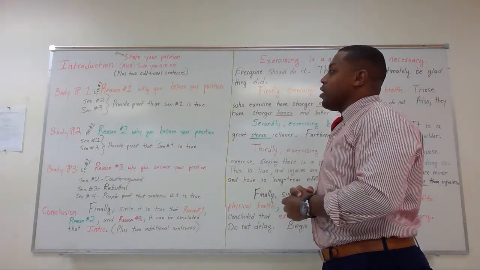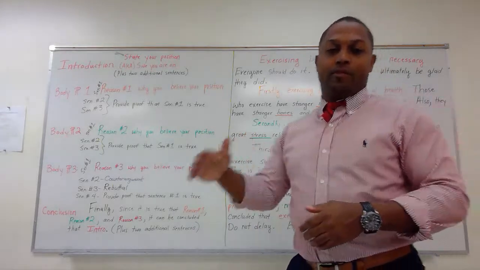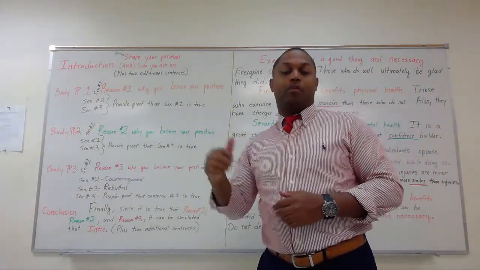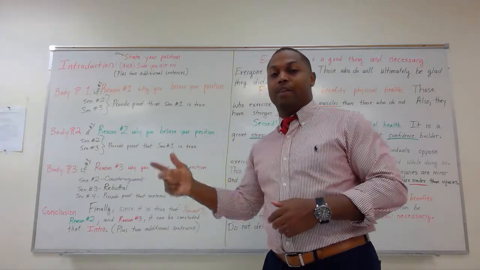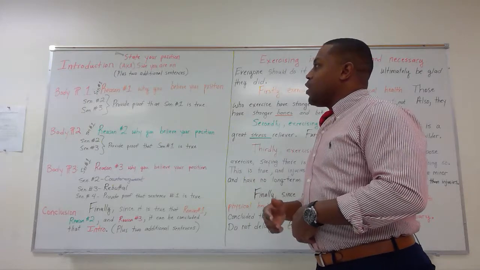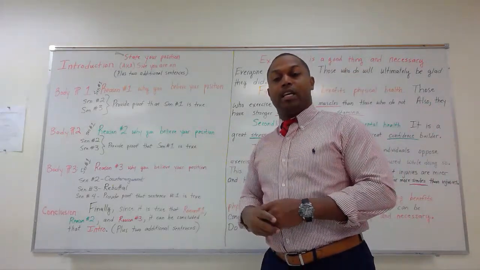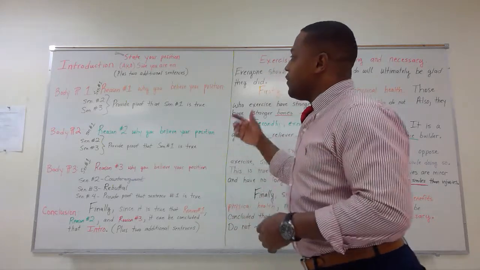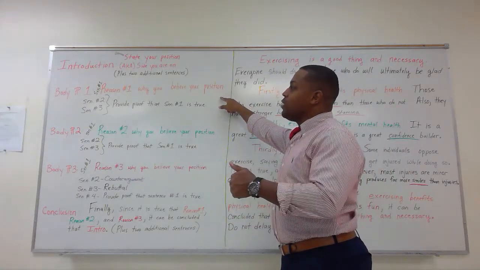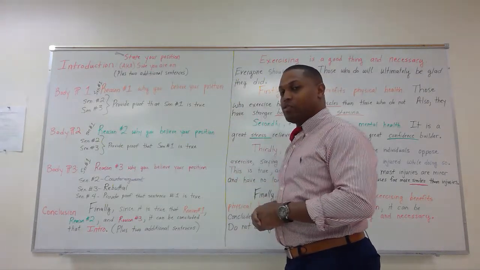All right, moving right along. Let's talk about the very first sentence of each body paragraph. So that would be paragraph 2, 3, and 4. The very first sentence should be one reason why you believe what you said in the intro. So the very first sentence of body paragraph number 1 is reason number 1 why you believe the position you chose in the intro.